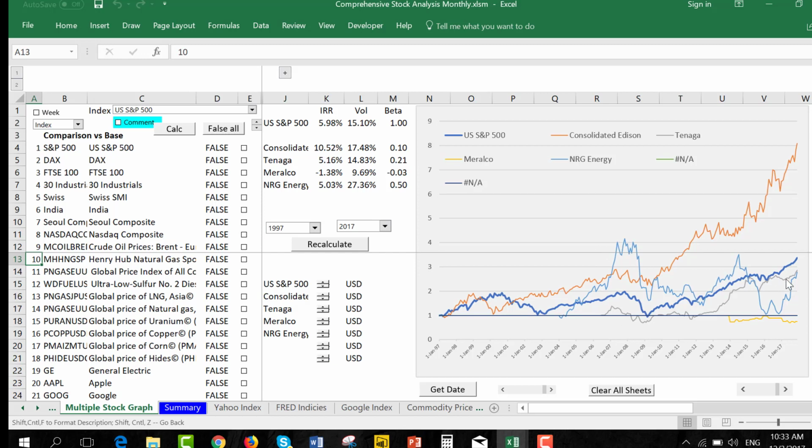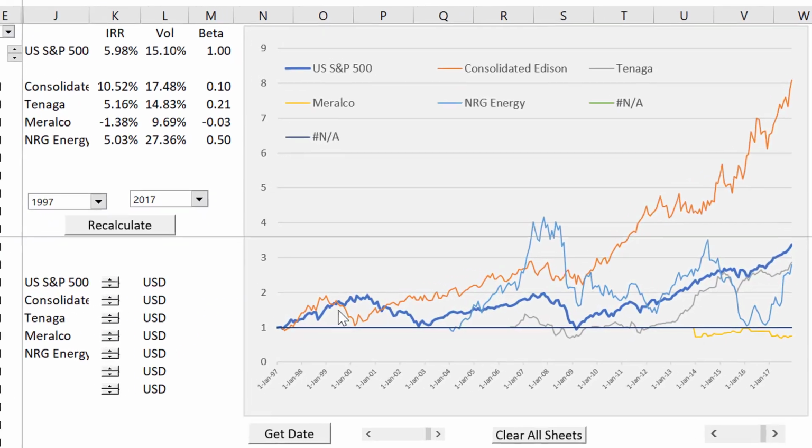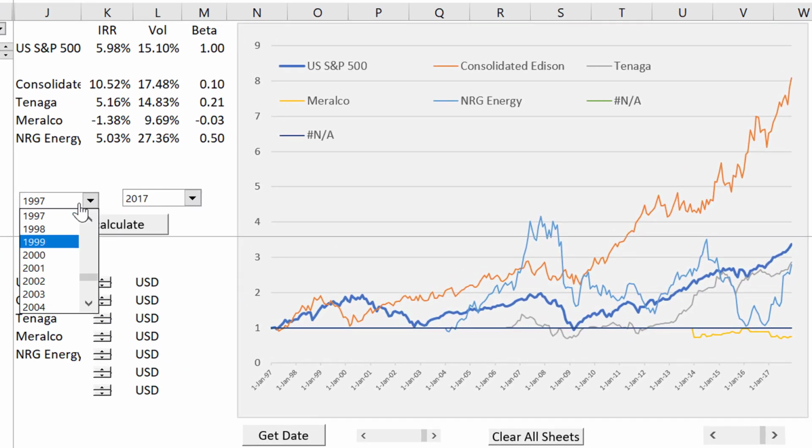And the IPP went up and down and up and down. The utility company, nice old boring company, outperformed everybody by a wide margin, while Meralco's down here, and Tenaga is here.